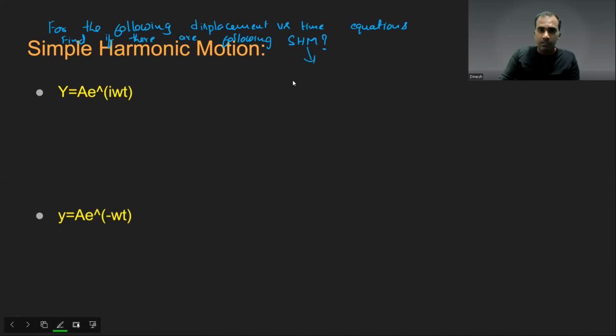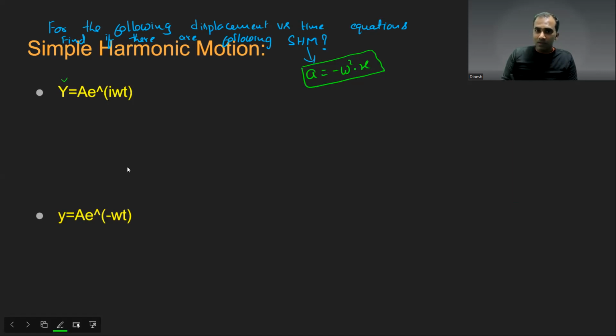Since displacement is given, you can find acceleration from it. Acceleration should be equal to minus omega square times displacement. If any displacement is satisfying SHM, it should satisfy this equation.